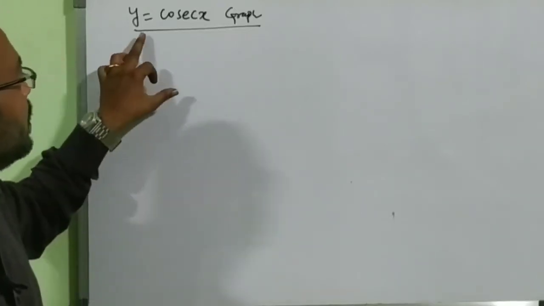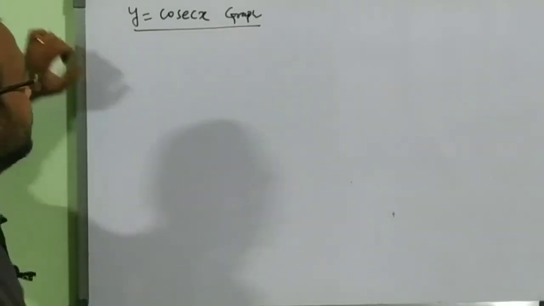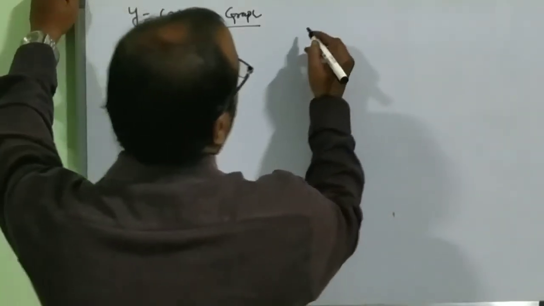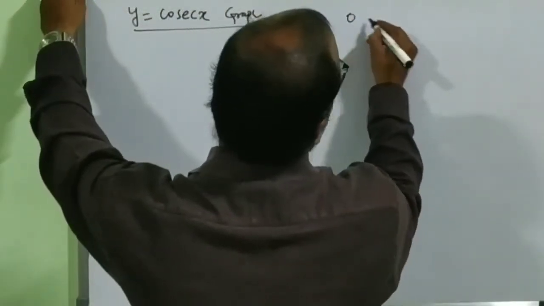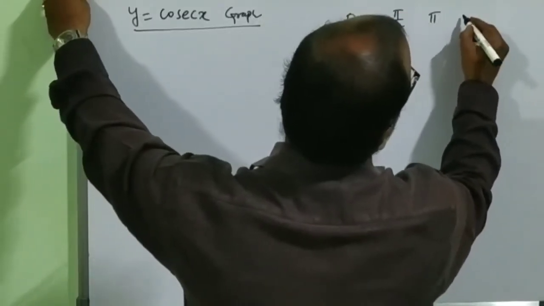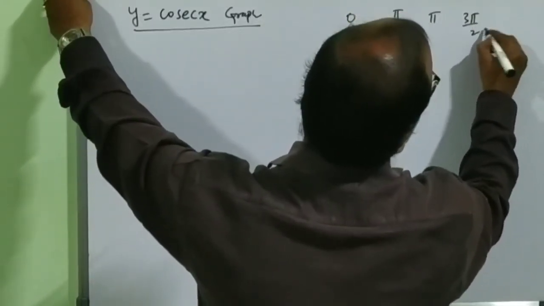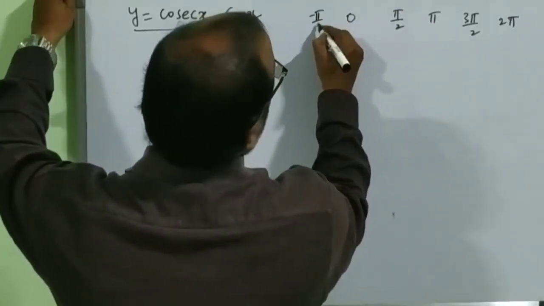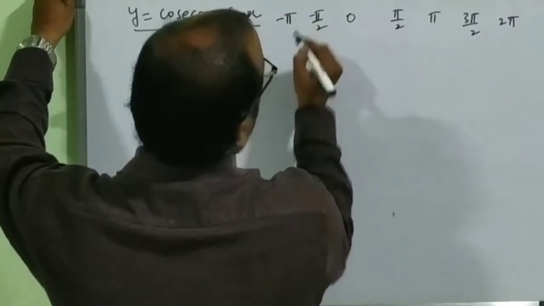Now we will take one more graph, y is equal to cosec x. Right. Now I am taking the values again 0, pi by 2, pi, 3 pi by 2, 2 pi, the negative side, minus pi by 2 and minus pi.